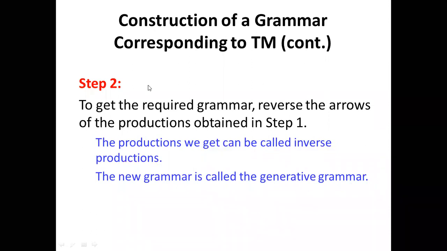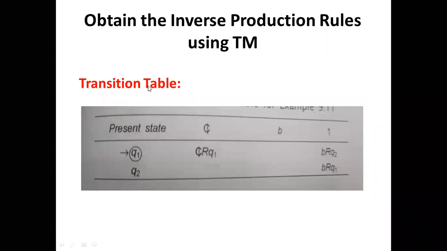Now, how to obtain the inverse production rules using the Turing machines. So here is an example. If you see in this example, Q1 is the initial state and the final state, and the left end marker B1 is the input string, and the transitions are given in the transition table.